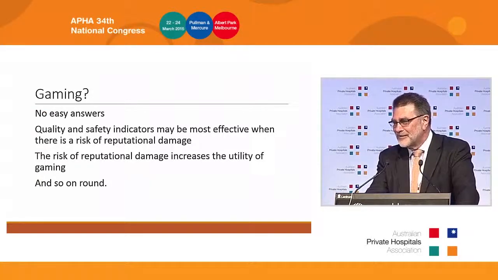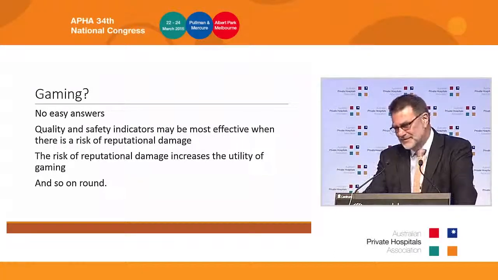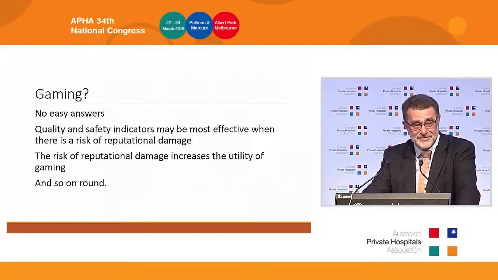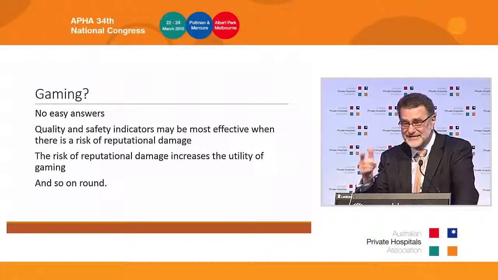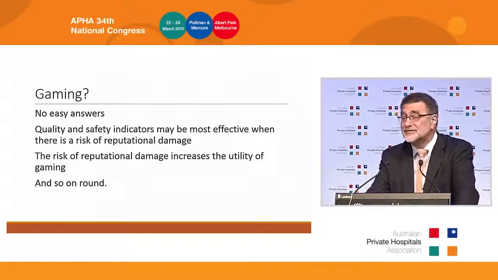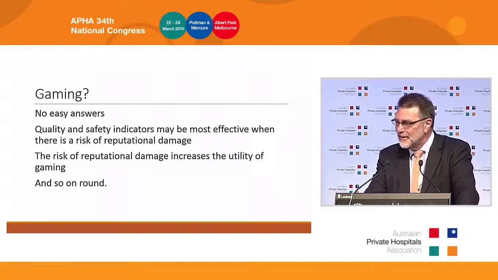When I can read about my hospital, and the health scope reads that it kills 5,000 patients a year extra every year, and that's a terrible thing, it's going to take that damage to its reputation seriously because it's in business.